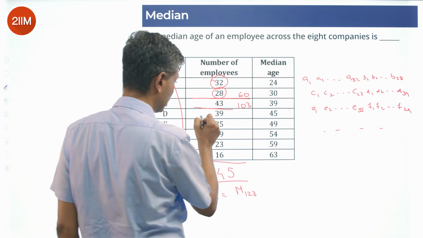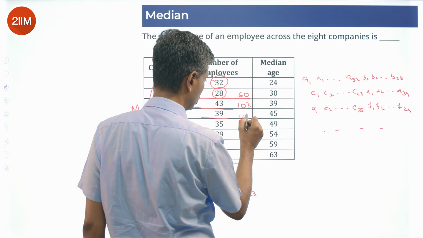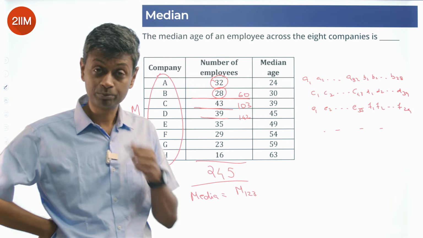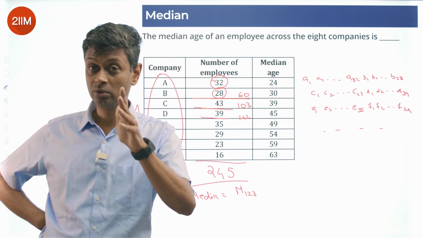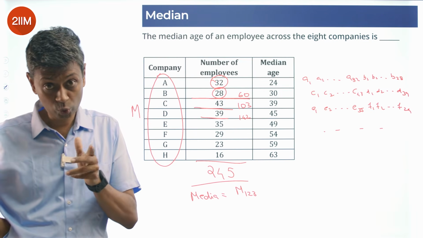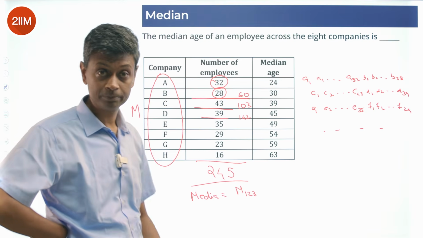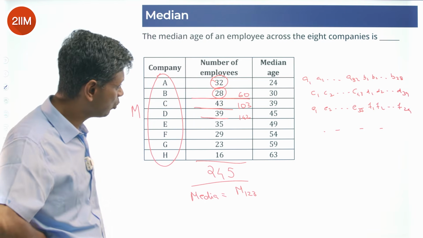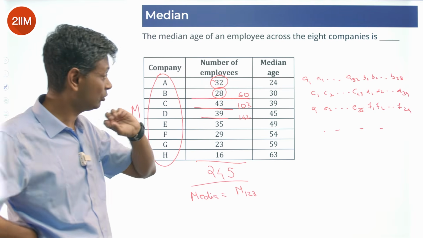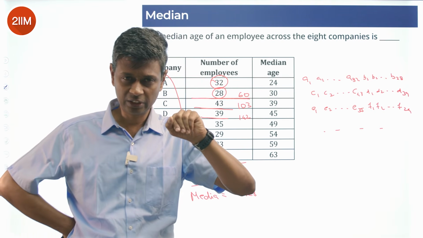Then 39 will come, we are at 142. But we want the 123rd element. So our median fellow is from company D. 104 to 142 is from company D. Exactly what element will it be? 103 to 142, 104, 105, 106, 107, 108, 109, 110.